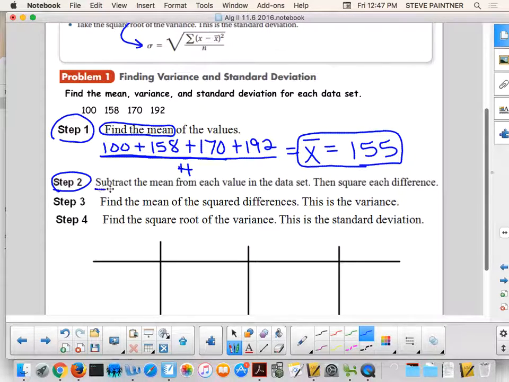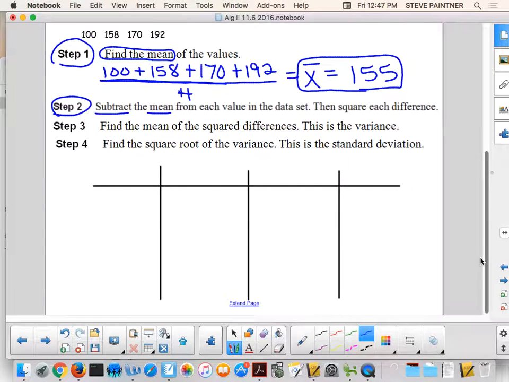It says subtract the mean, 155, from what? Each value in your data set. Okay, well, here's the deal. This is where we start the table, and I wish I would have put a couple more columns in here for you. First column is X. Second column is X with a bar above it.